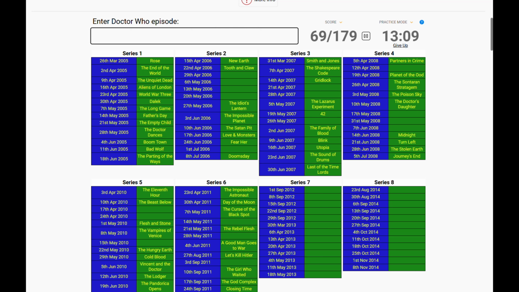And the other half of that one. Nope. Can't remember what the other half of Rebel Flesh is either. I've seen one other for after Curse of the Black Spot. What else is then?